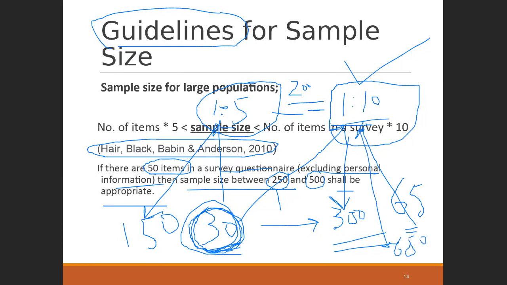And if you use 1:5 for 65 questions, this gives you 325 sample size minimum. So if you settle somewhere between 650 and 325, it will be like 500. This is again a huge sample size. So I would recommend using smaller questionnaires. Use those scales which are reliable and valid, but they are smaller in size.